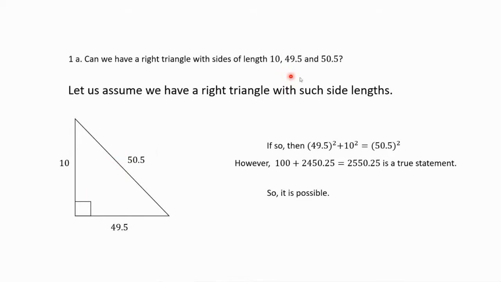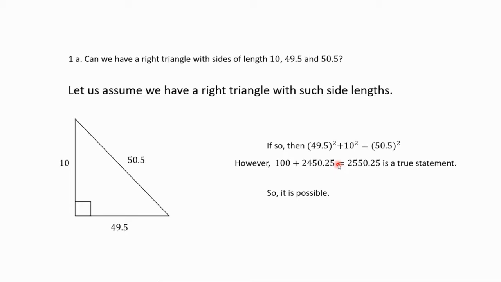So let's say we have a right triangle like this. This side, the longest, would be the hypotenuse, and the other two numbers would be legs. And we check, does Pythagorean's theorem hold? That's what I'm checking here. You can work this out in your calculator. It's actually a little strange, this one, because as you can see, this equation is true.